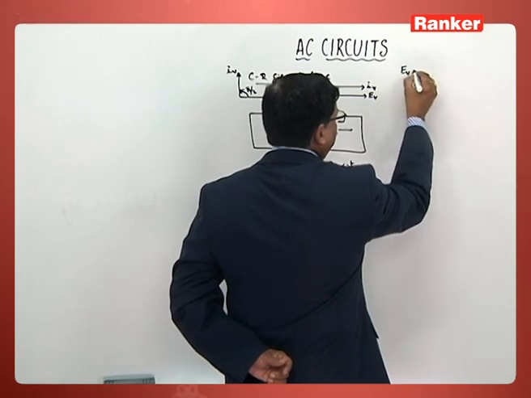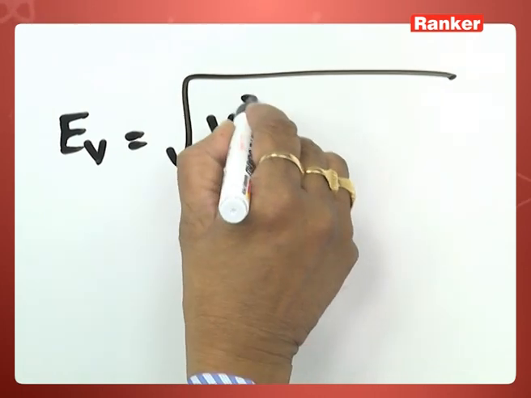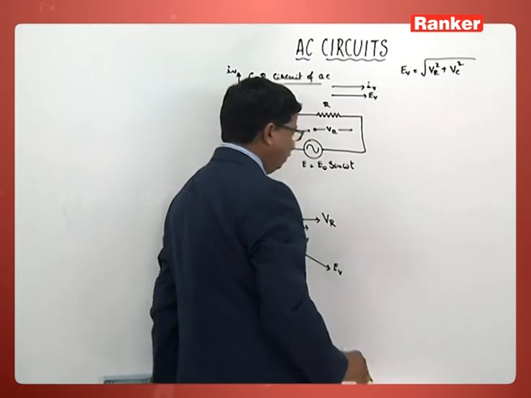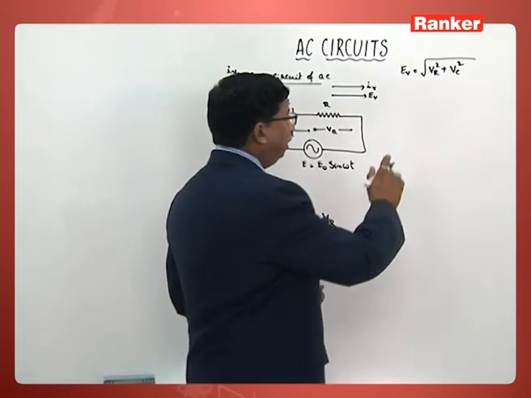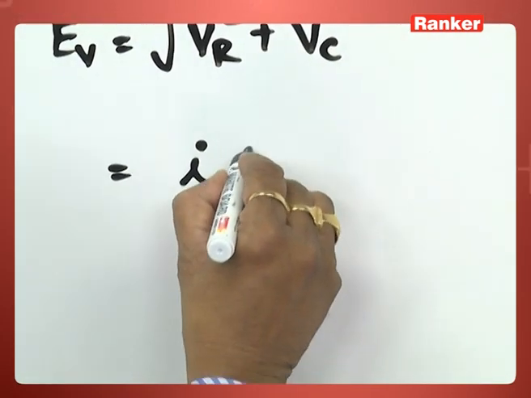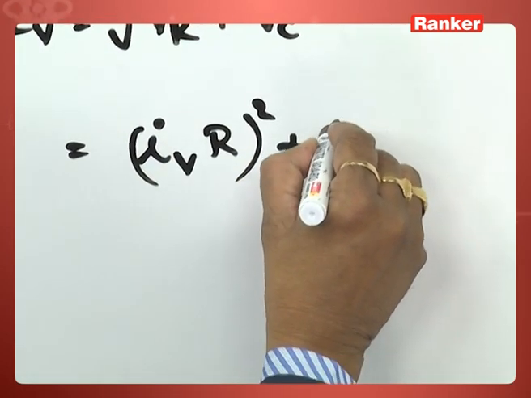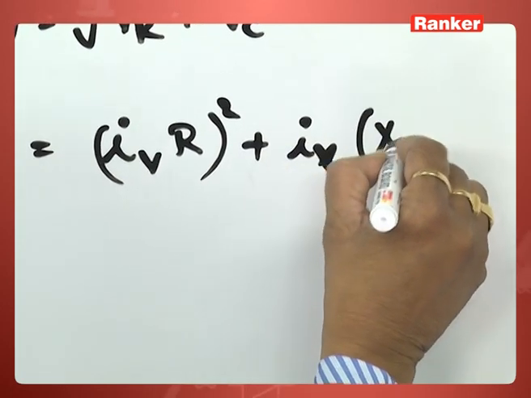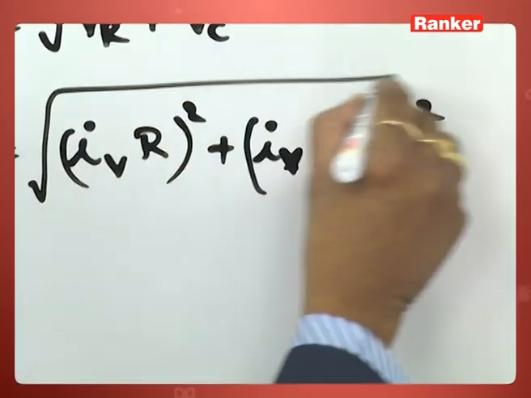Virtual value of EMF is root over VR square plus VC square. That is the first equation we can write. Now VR can be written as virtual value of current into resistance, whole square, plus virtual value of current into XC, whole square, whole under root.